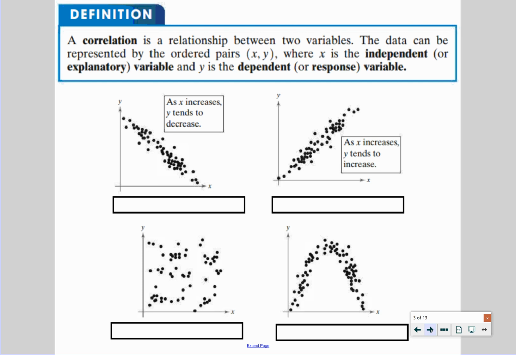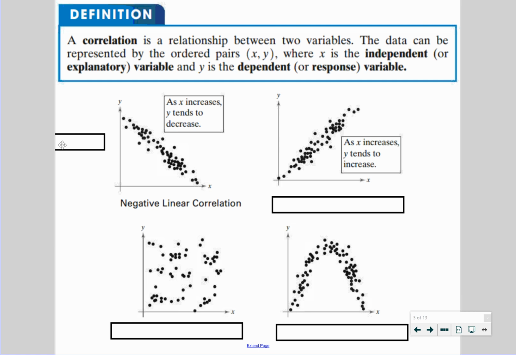When we're looking at scatter plots, 2 variables graphed together, we can see the following trends. If one variable goes up and the other one goes down, which will look like in general the graph going down from left to right, we say that it is a negative linear correlation. Negative because it's going down, linear because we can use a line to describe the general trend in that data.